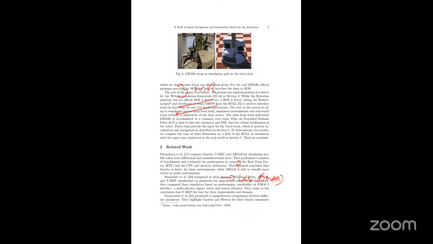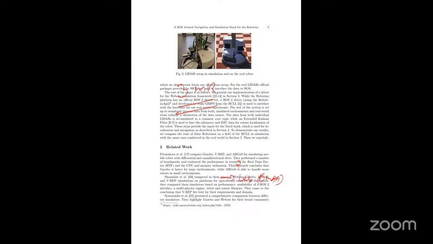So in the simulation, how did the robot travel? Similarly, what about the real robot? Did the real robot travel in the same way as in the simulation? Comparing these two results, in this paper they are saying that they get similar results. Because of that, their ROS2 integration was successful.